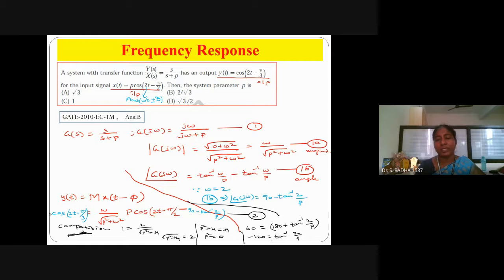If it is cot 30, it is root 3, okay, minus root 3 we are having 2 by root 3, something I am getting, option B, okay, 2 by root 3. So here in the phase angle comparison, I am getting the p value.